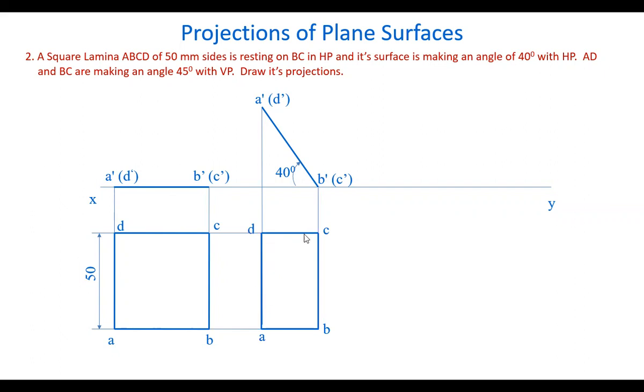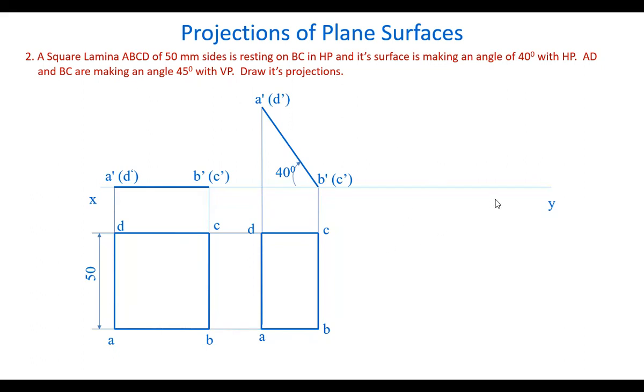We get a rectangle here because the surface is making an angle with the HP, so in the top view it appears like a rectangle. Now, this edge, which is actually in the horizontal plane, BC, and opposite to this we have AD. AD and BC both are making 45 degrees angle with the VP.